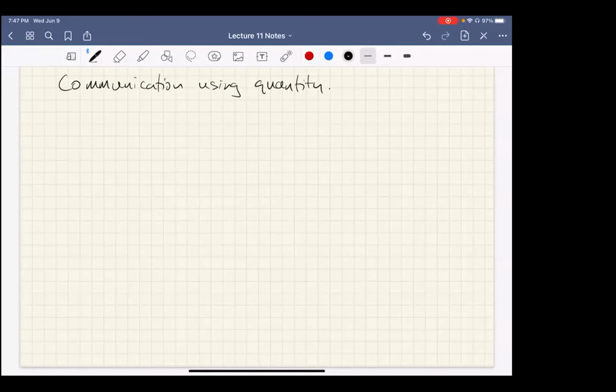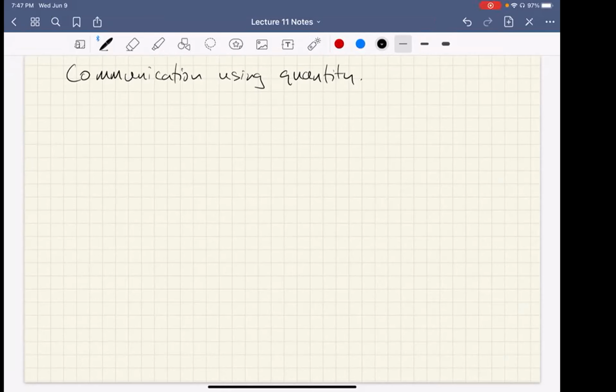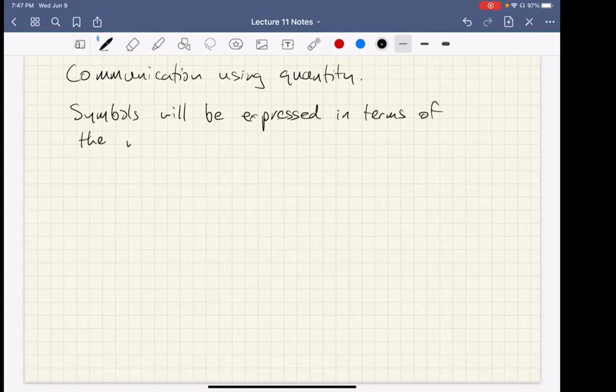So in other words, the symbols that we're going to send will be expressed in terms of the number of molecules emitted.